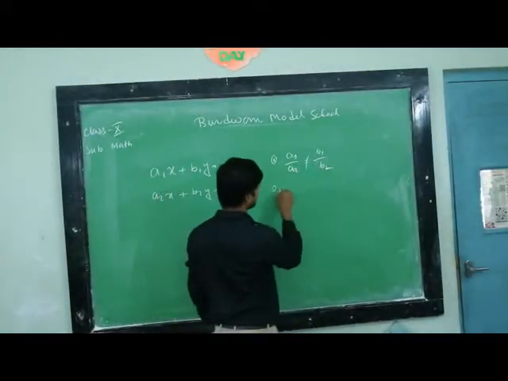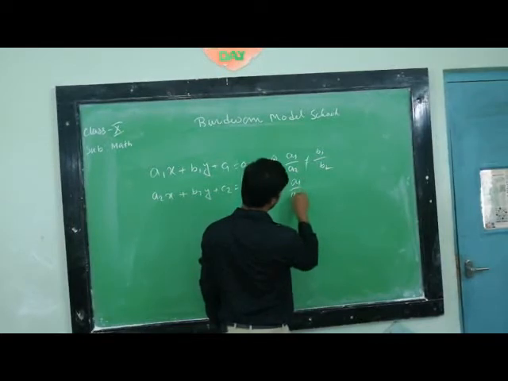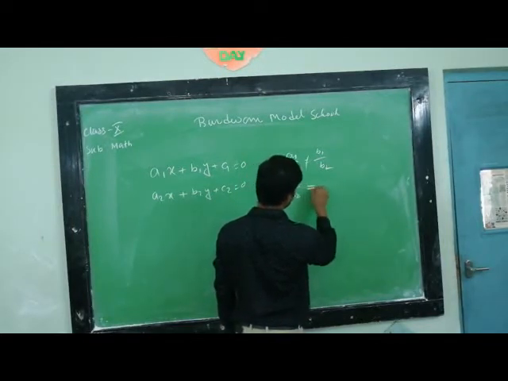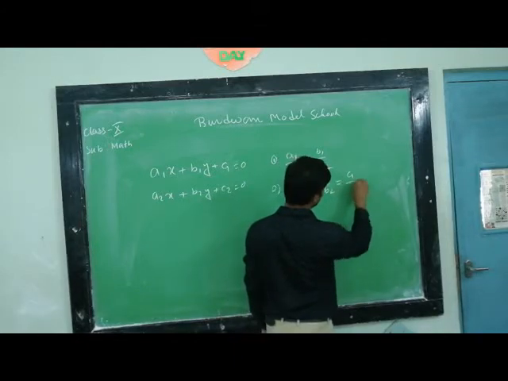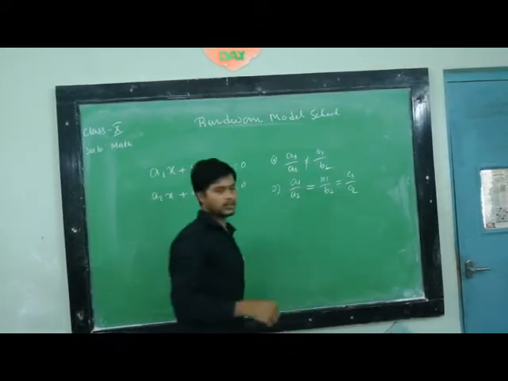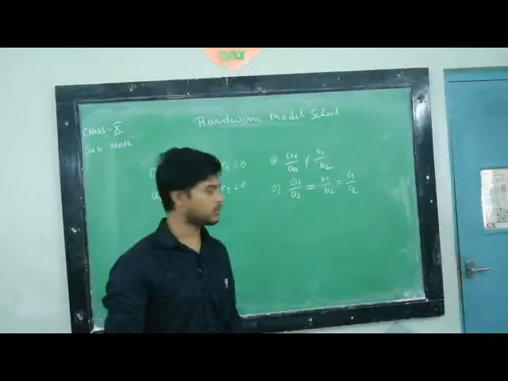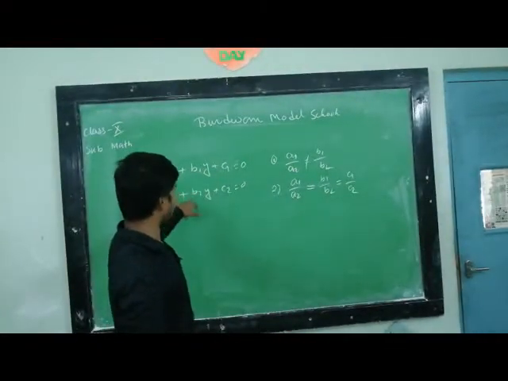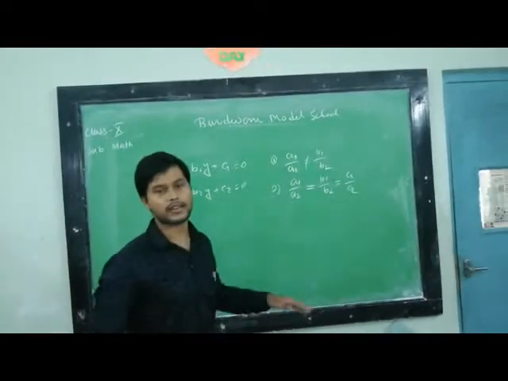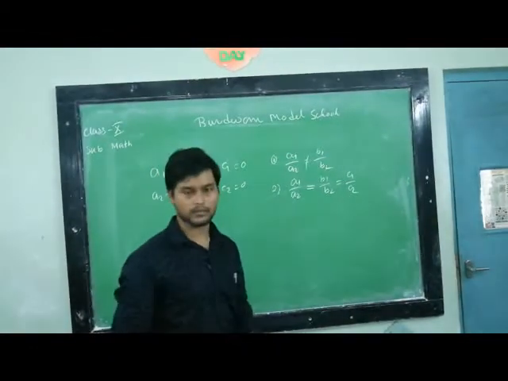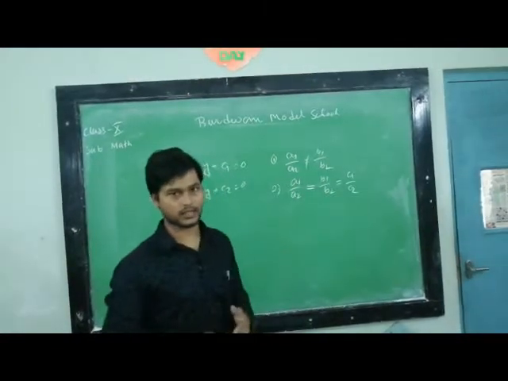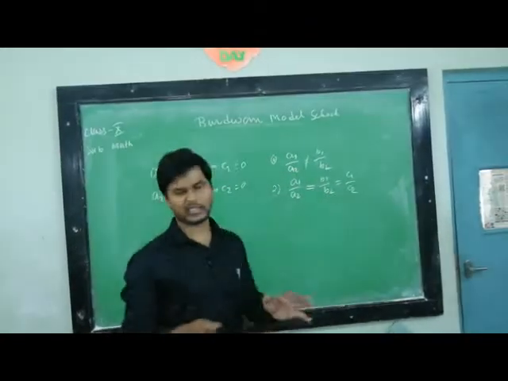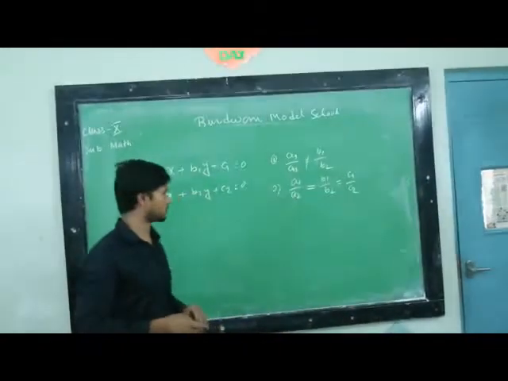If a1 by a2 is equal to b1 by b2 is equal to c1 by c2, in that case this pair of linear equations has infinitely many solutions, or you can say the lines are coincident, or the equations are consistent.